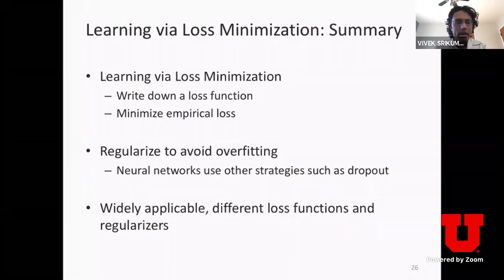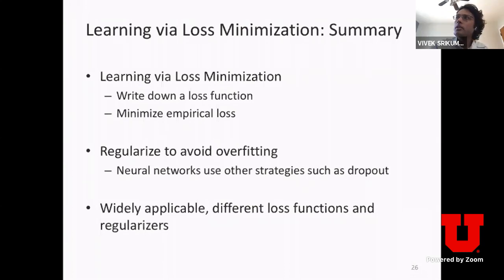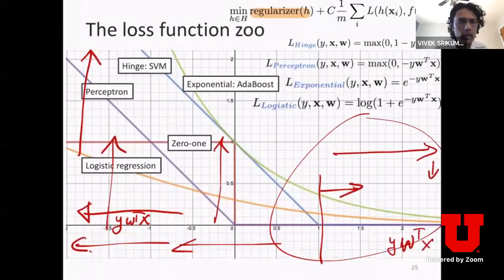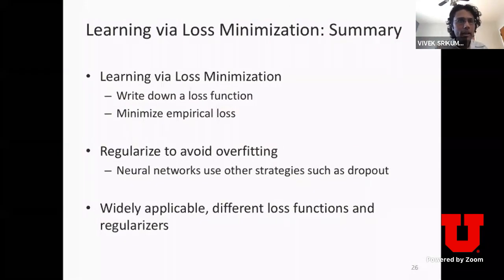The way to learn is you write down a loss function, set up an empirical loss that needs to be optimized, give it to an optimizer, except you somehow need to account for the fact that you don't want to overfit.